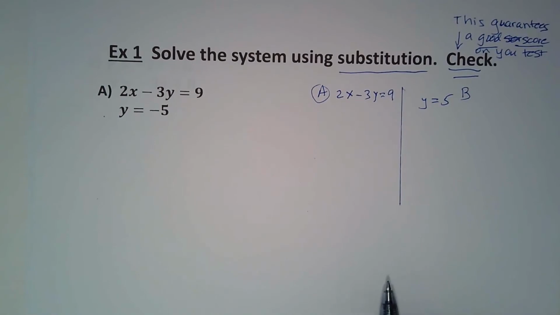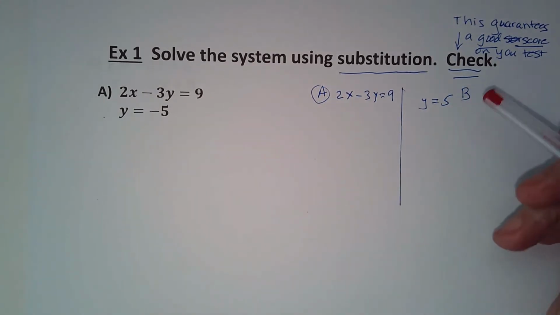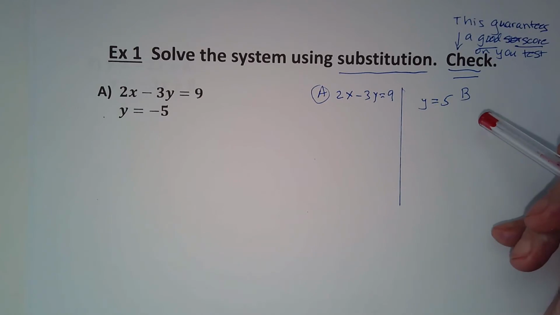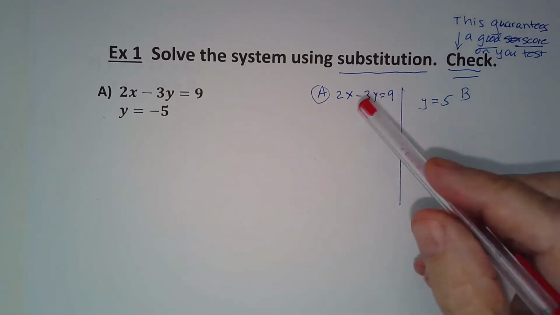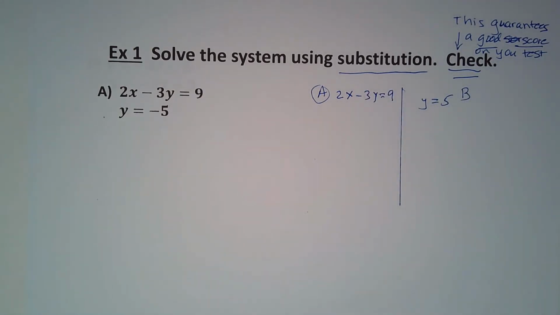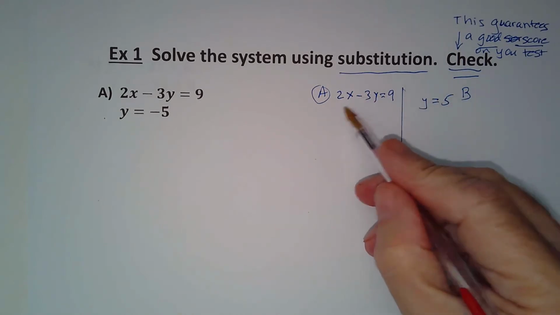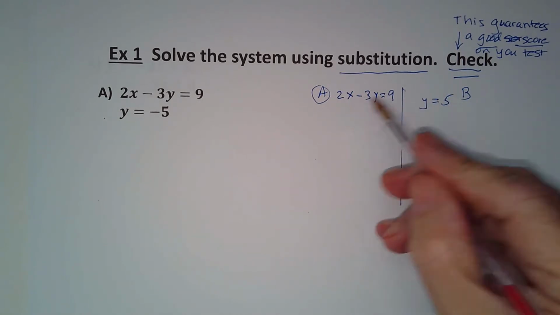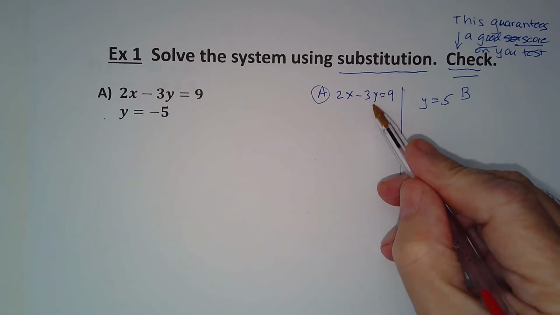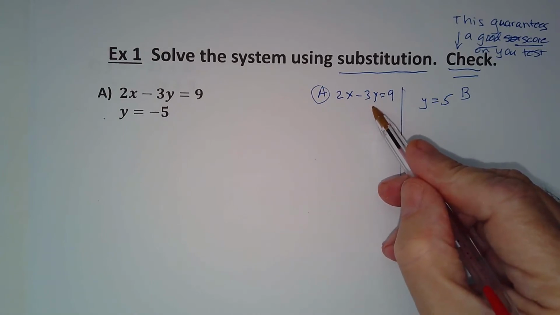Now, when you're looking at these two equations, you're going to be isolating one equation's variable so that you can substitute it, so you're looking for a variable that's easy to isolate. You look at the x here, this is 2 times x. Okay, but not great. This is negative 3 times y.